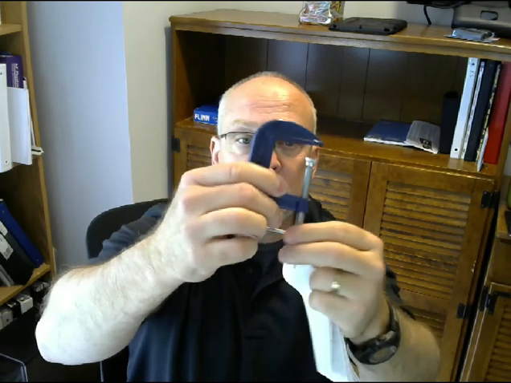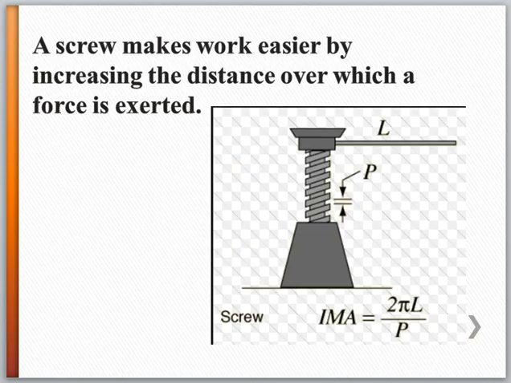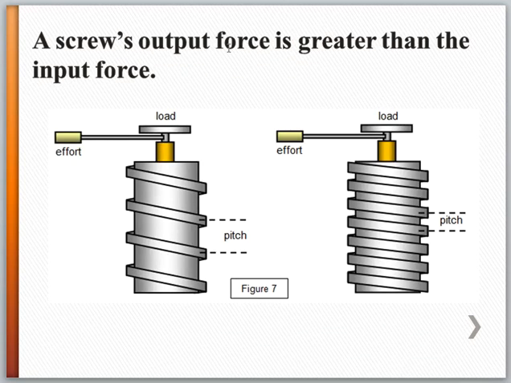Now this lever, which we'll see in a minute, also gives me some mechanical advantage, but again, that's a simple machine. A screw jack, you can lift a car with a jack, and that's something I could also show you as well. Okay, a screw's output force is greater than the input force.